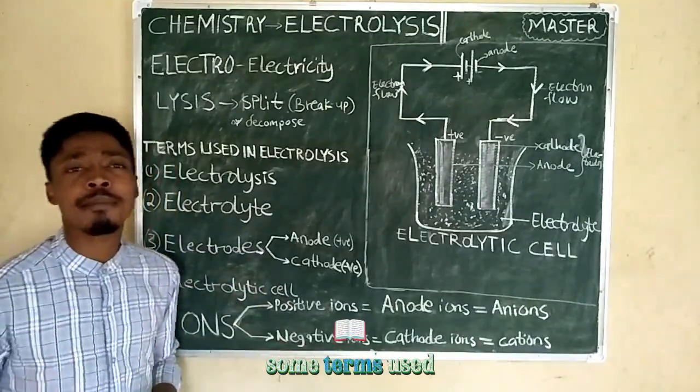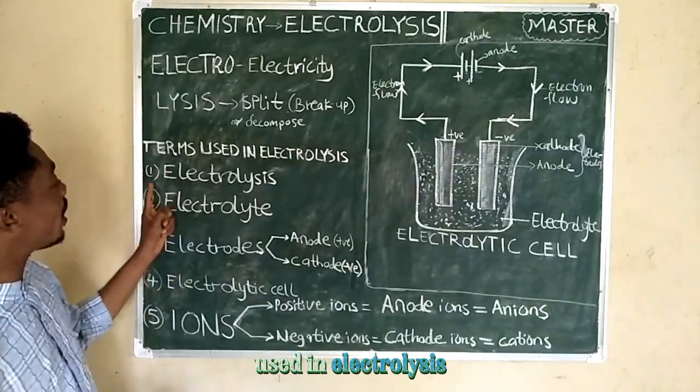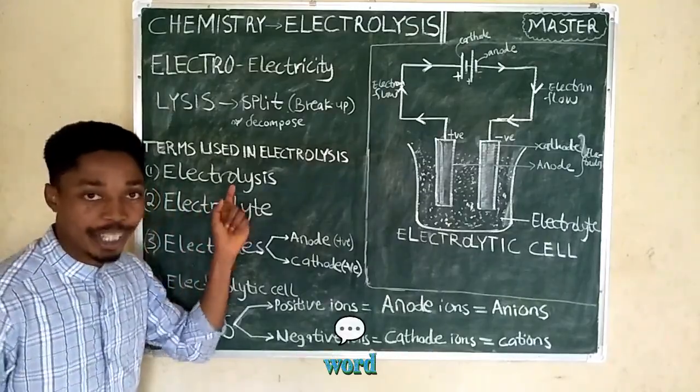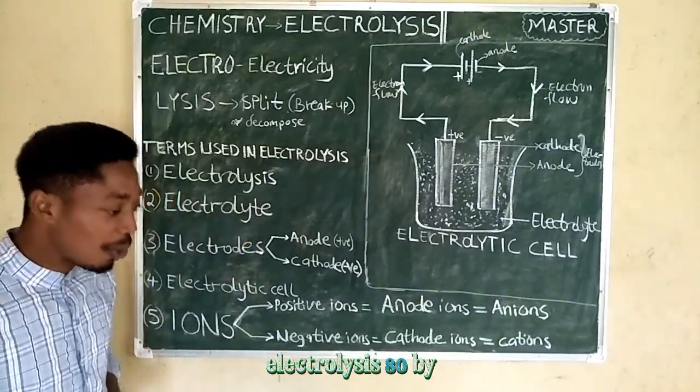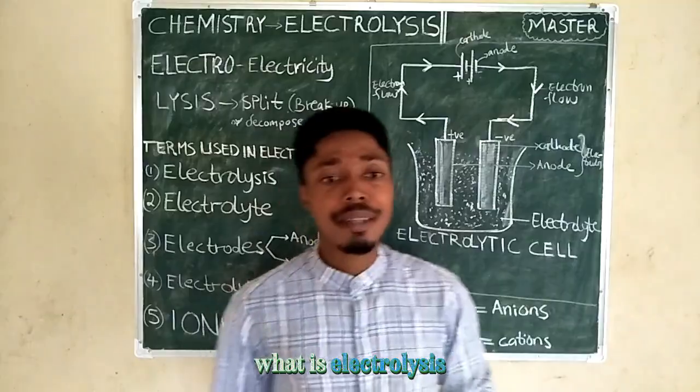Let's look at some of the terms used in electrolysis. The first term used in electrolysis is the very word electrolysis. So, by means of standard definition, what is electrolysis?